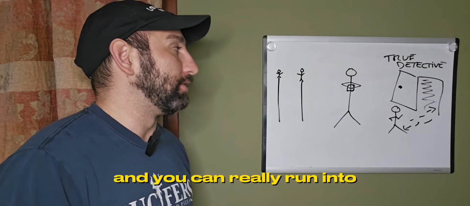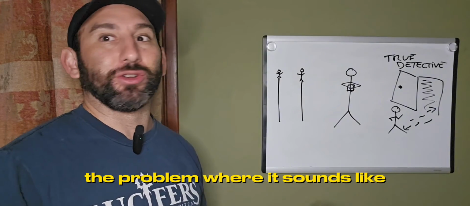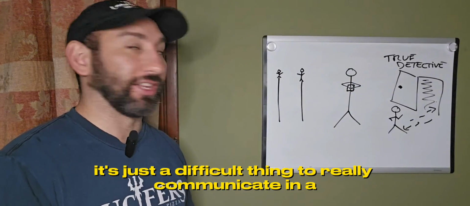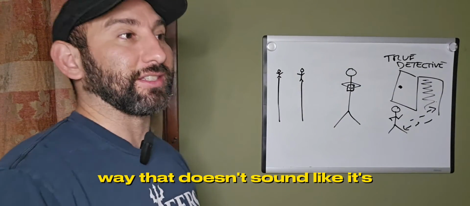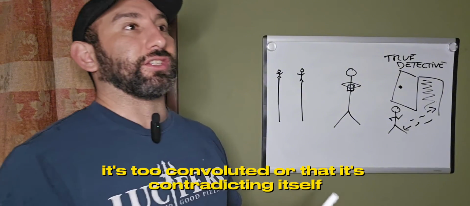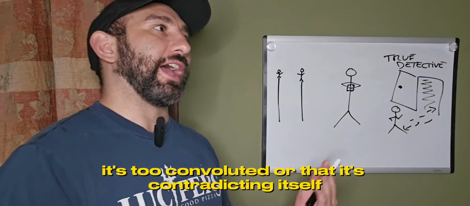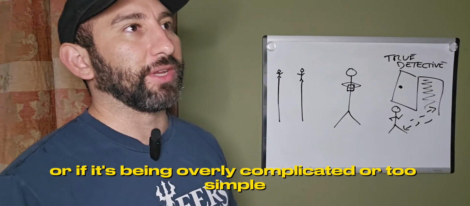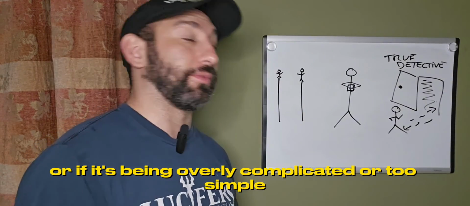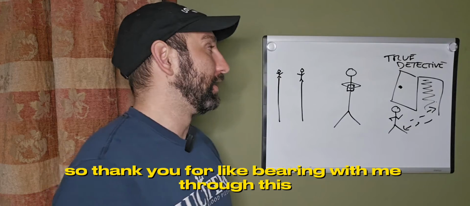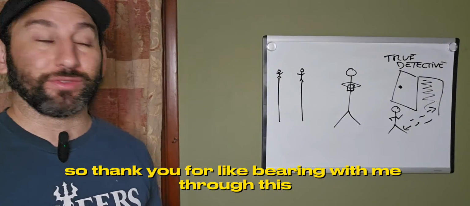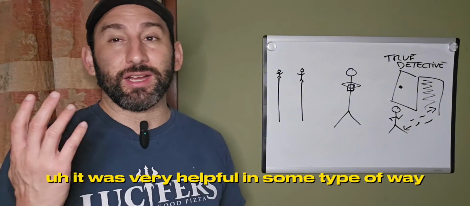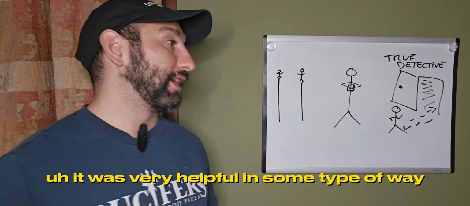And you can really run into the problem where it sounds like you don't know what you're talking about, but ultimately it's just a difficult thing to communicate in a way that doesn't sound too convoluted, or contradicting itself, or overly complicated or too simple. It's difficult. So thank you for bearing with me through this. This was actually one of the tougher ones, and hopefully it was helpful in some way.